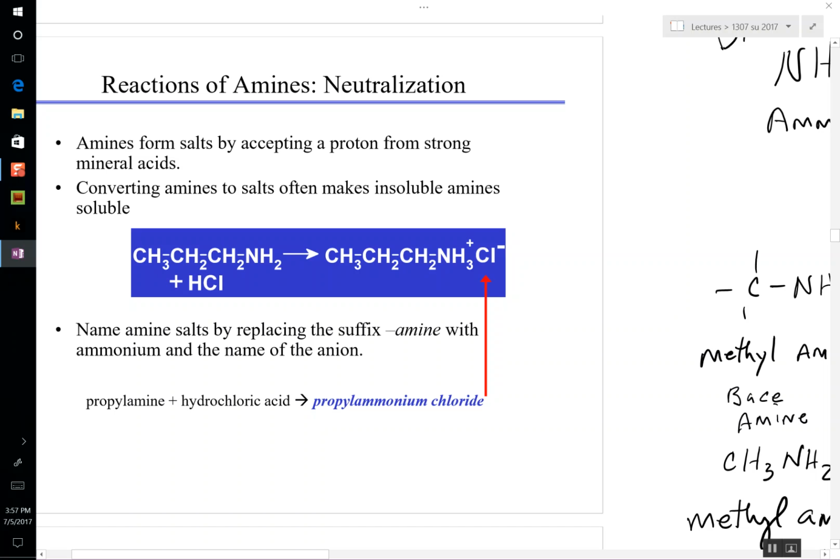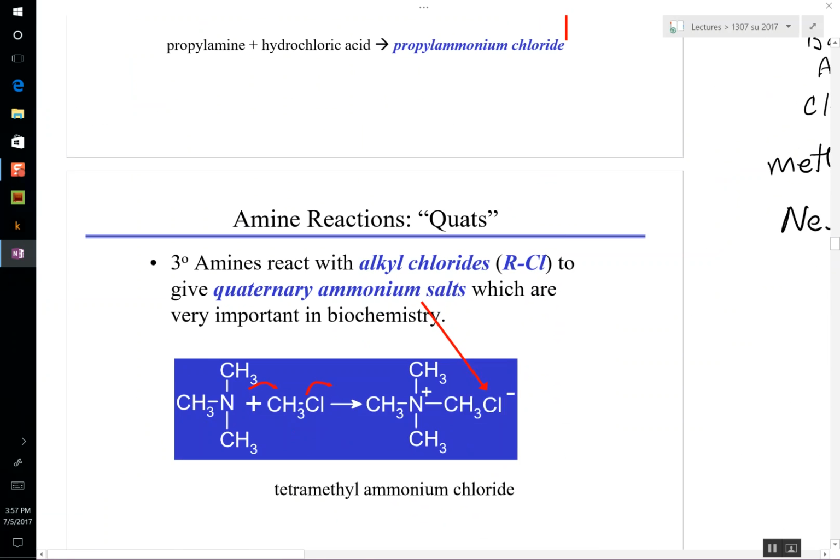So this is used very often with supplements and things that they're actually trying to administer through ingestion. If you ever see hydrochloride or HCl on the label, the ingredient plus HCl, this is what they're doing. They're converting it into a more bioavailable form of the drug.